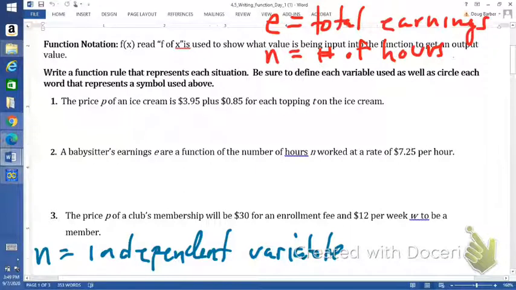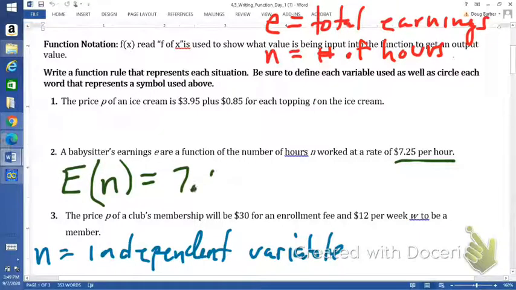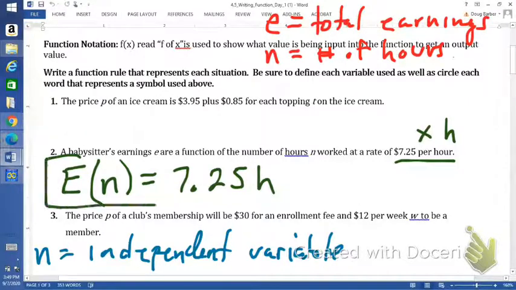Our E is what gets capitalized, our dependent variable, and our independent variable n is what's in parentheses and is lowercase. Then go ahead and write the rule like a normal expression that we've done in previous sections. So E of n is going to equal 7.25. The per would mean multiplication, and we're going to multiply by the number of hours, represented with an h. So there's your function rule.